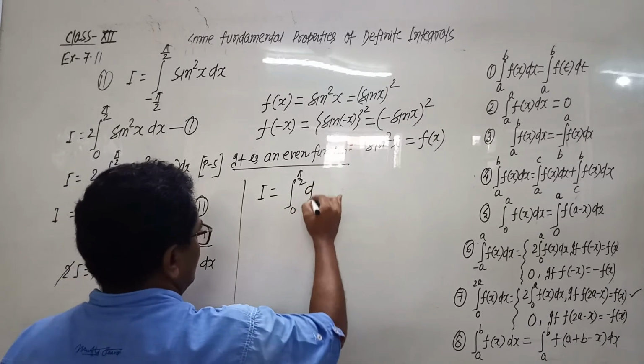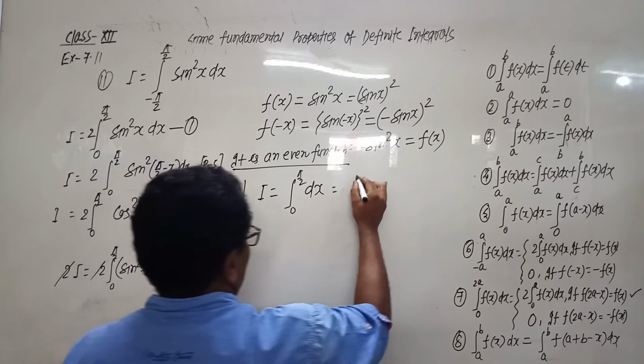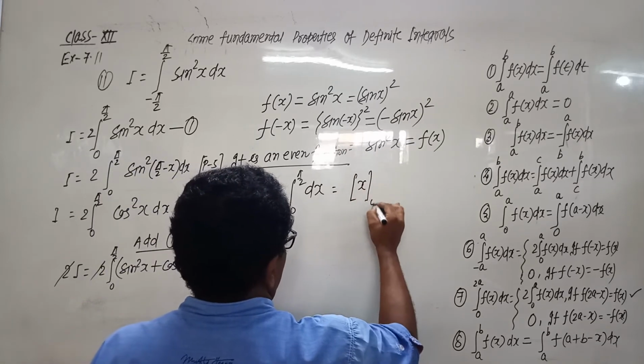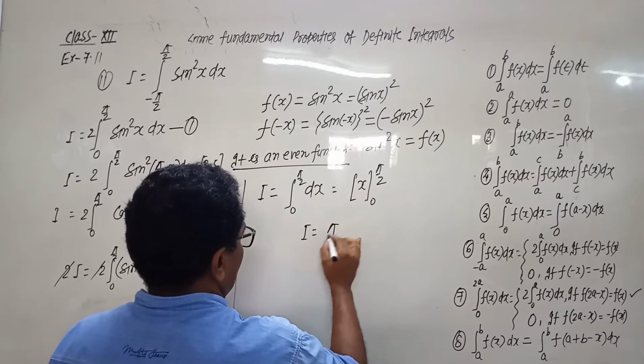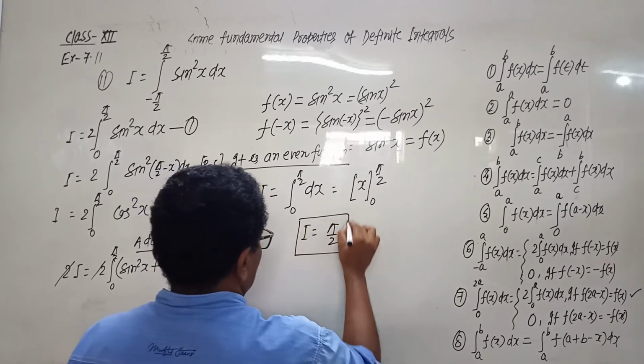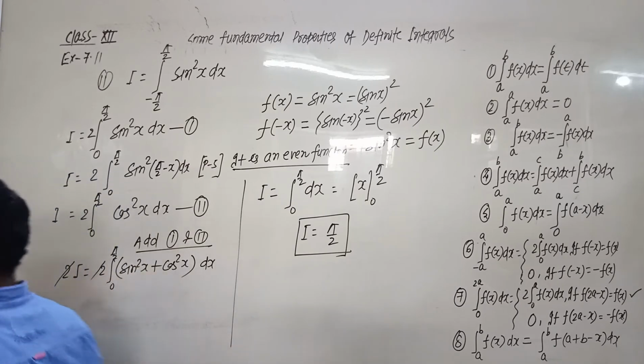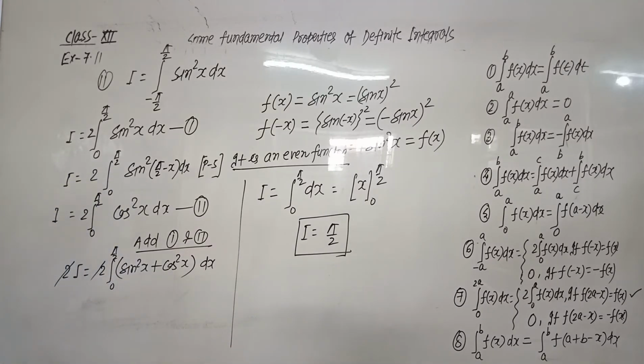The integral of dx is x with limits from 0 to pi by 2. So putting in the limits, we get I equals pi by 2. So this is the result, I equals pi by 2.